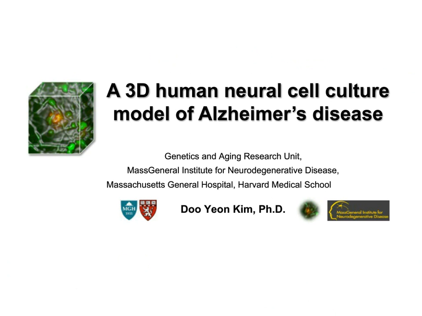Thank you very much for the invitation and nice introduction. Today, I'm going to present our recent studies on a three-dimensional human neural cell culture model of Alzheimer's disease. At the beginning of this presentation, I'll give a brief overview of Alzheimer's disease, then explain why we developed the 3D culture models of AD.